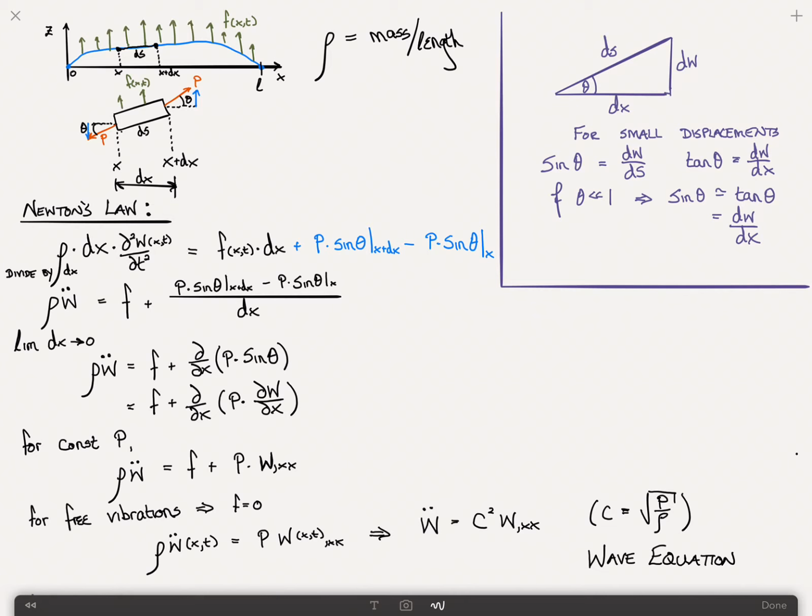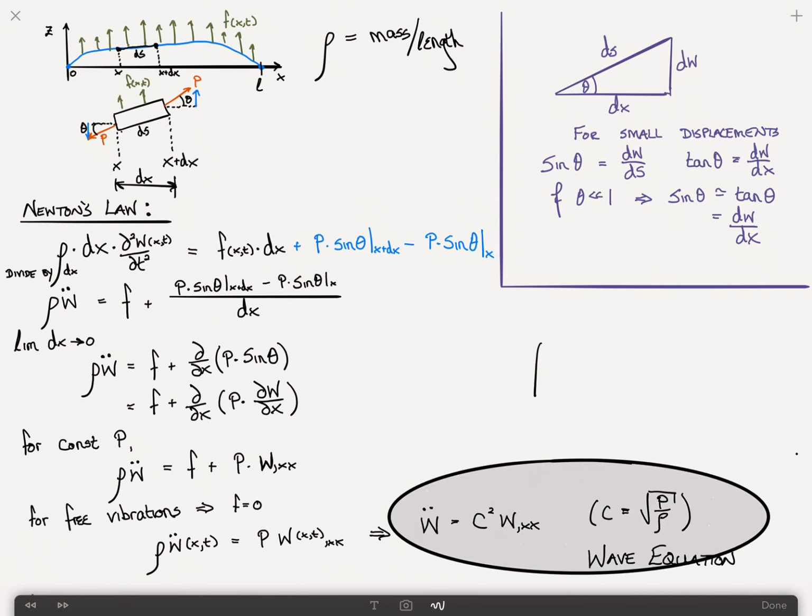I've shown this in other videos where we come up with a wave equation, notably in the case of longitudinal vibrations of a bar. If we had a bar like this, and there was a horizontal load, or I should say an axial load, then the axial vibrations of a bar yield exactly this wave equation of this form.